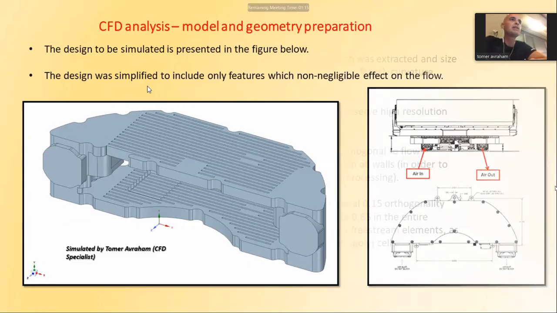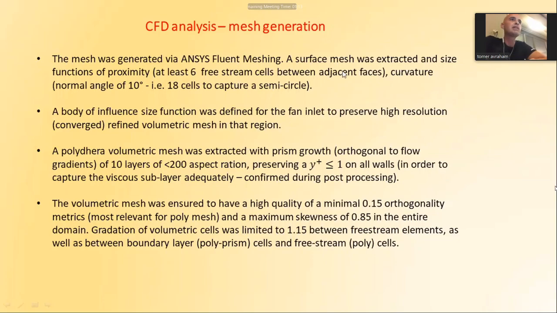So the mesh was generated here. It was generated with ANSYS Fluent. The surface mesh had proximity with 6 cells and curvature.